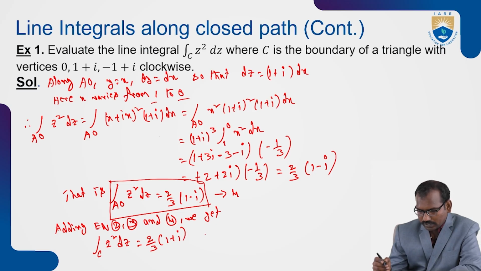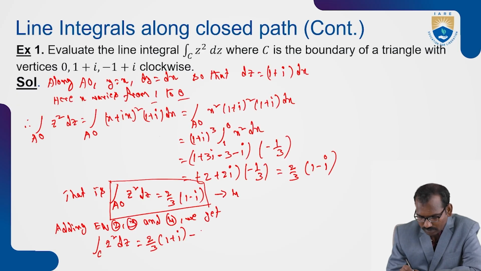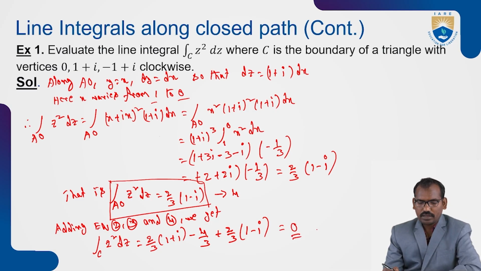From equation 2 we have minus 4 by 3. Next, from equation 4 we have plus 2 by 3, (1 minus i). If we add this sum, we will have, it is 0. We are getting here 0.